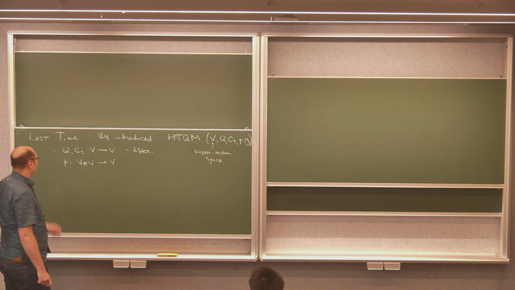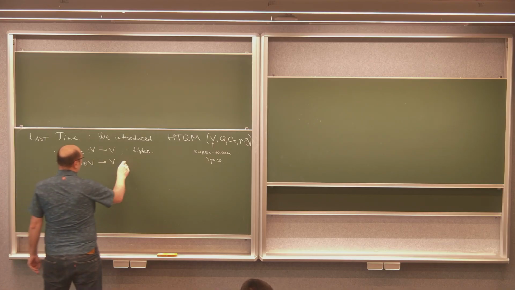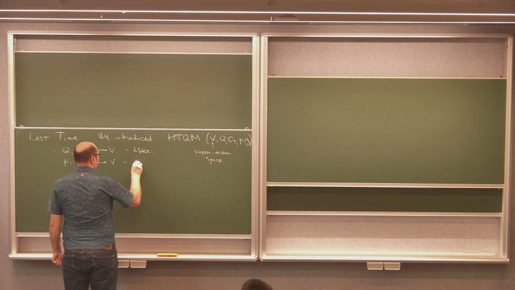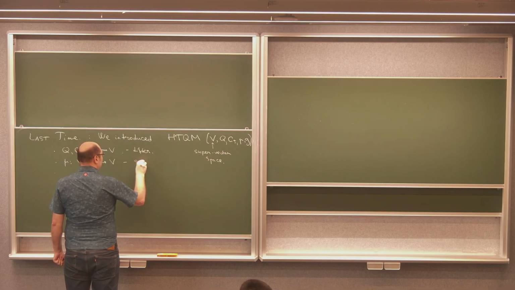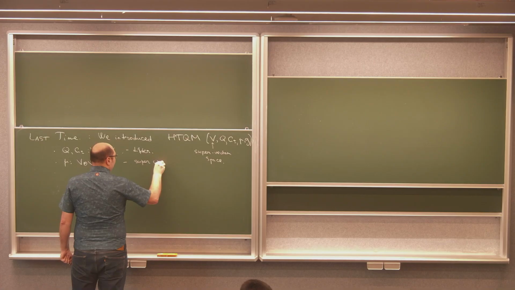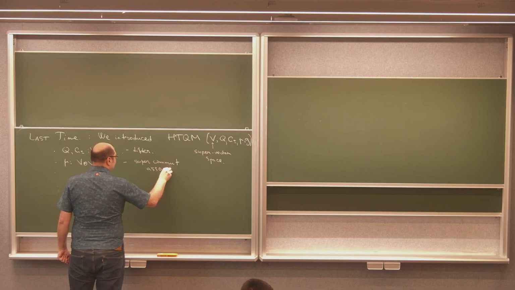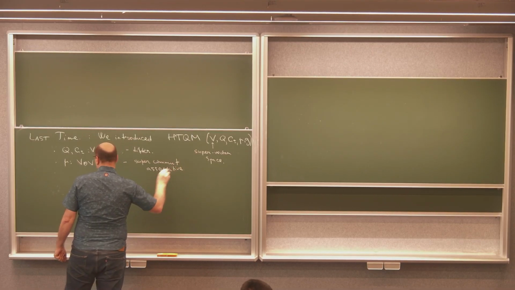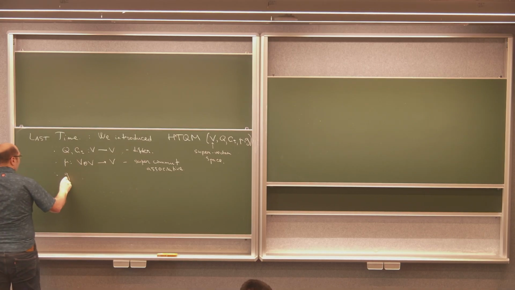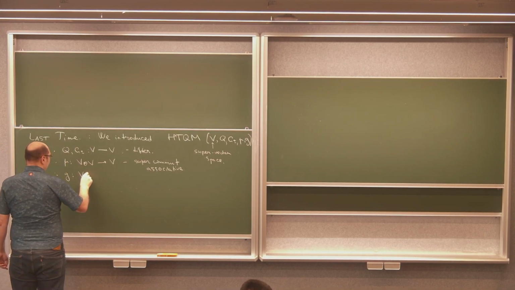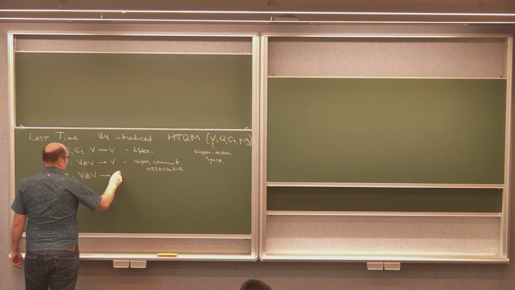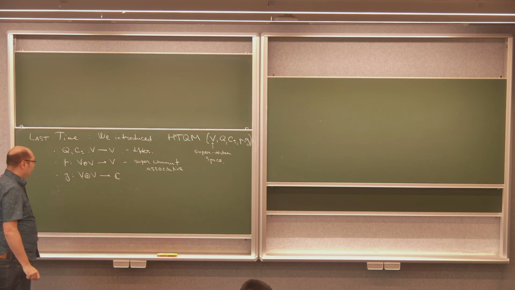Okay, so we had this multiplication that is supercommutative and associative. And we have this object g that takes a pair of vectors and produces a number.